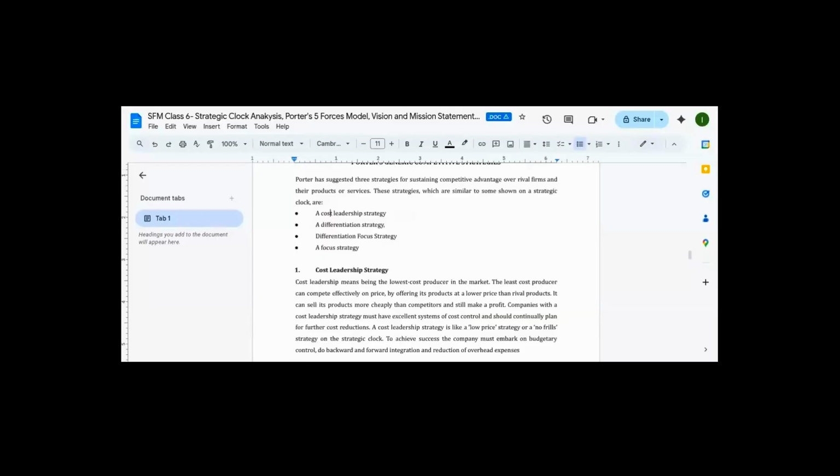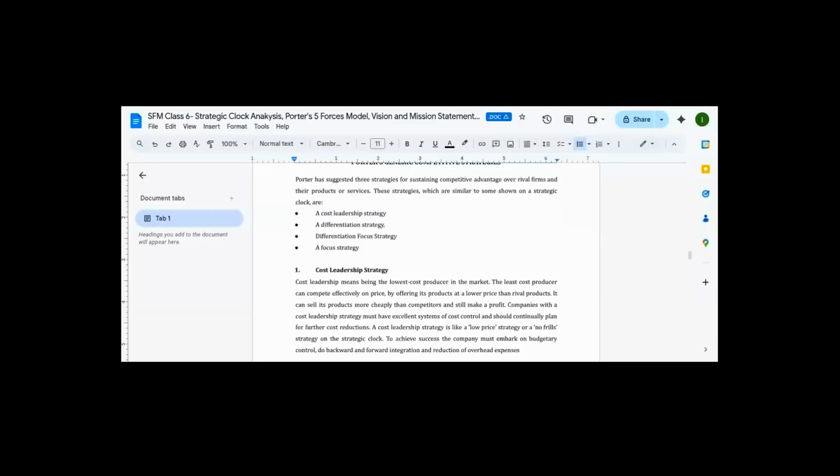So with this portal strategy now, you discover that we have multiple strategies that a company can use. Like cost leadership strategy now. That is the secret of some companies. Anytime you go online, you see Temu, you see this, you see that. What Temu is now selling to us is that their product is the cheapest. It's a cost leadership strategy. It's a strategy that has been used in the past and you still have its relevance up to now.